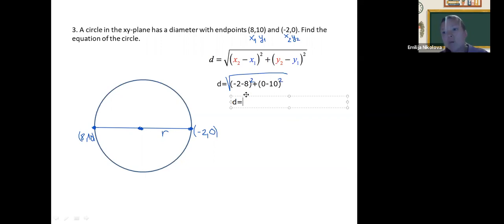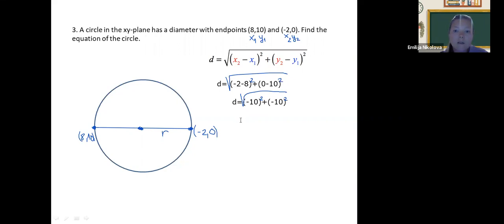We copy the sign, we add them together, so it will be minus 10 squared, plus the second one is again minus 10 squared. So we have square root of minus 10 squared plus minus 10 squared.